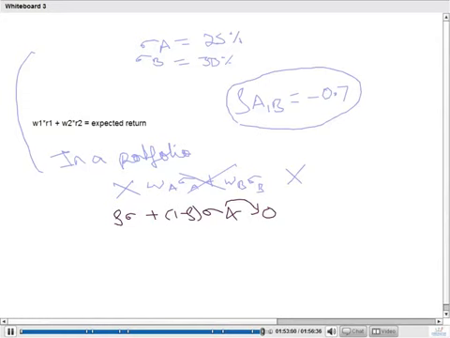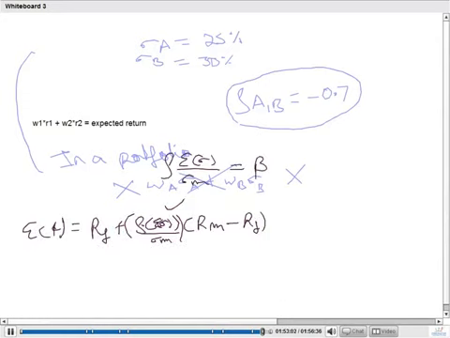So this gives us the capital asset pricing model, which says that the expected return is equal to the risk-free rate plus beta times RM minus RF. Beta is correlation into sigma of the portfolio upon sigma of the market.